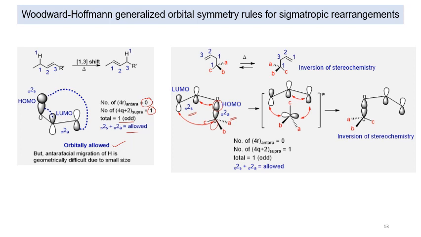These are antara, an SN2 type of attack. So you can see here in the transition state, how many 4r antara components do we have? We do not have any of them, so 0. How many supra components do we have? We have the pi 2s supra component, which is 1. Therefore, this is thermally allowed.